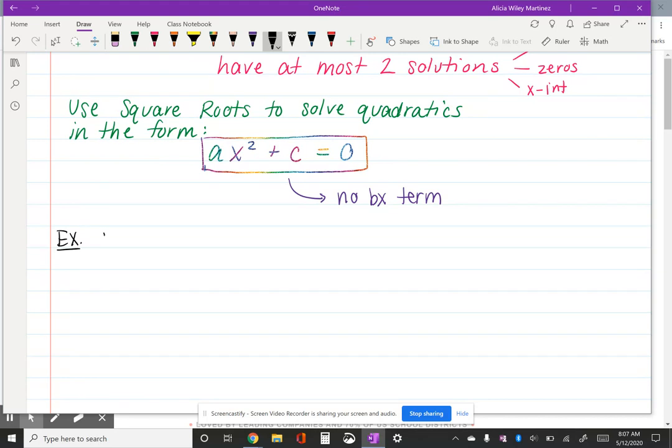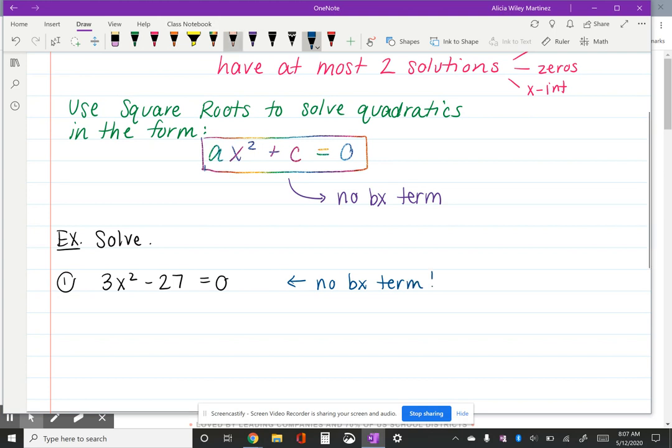So in our example, the directions will just say solve, and we will be given the example 3x squared minus 27 equals 0. Now, one thing you want to recognize from this problem is that there is no bx term. So as soon as I see that in my head, I am automatically thinking about square roots.